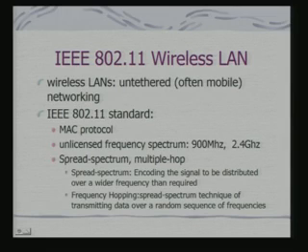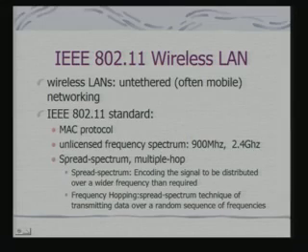You have a random sequence of frequencies and the data is spread over a number of these frequencies, and how they are distributed is also random, because that minimizes the problem of interference. These networks are used in a variety of scenarios, so there can be sources of problems and noise, and you would like to make them interference resistant. That is why spread spectrum frequency hopping is used as a physical layer specification for these kinds of networks.